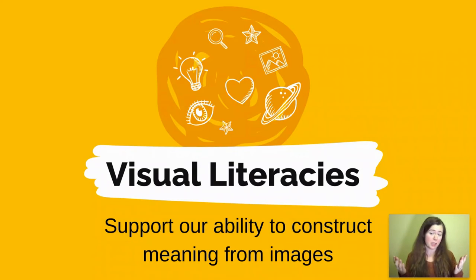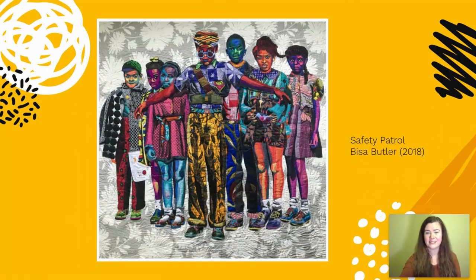What we're doing when we're talking about visual literacies is basically thinking about how to support our ability to construct meaning making from images. So let's give it a try. Here is Bisa Butler's iconic image, Safety Patrol. This piece of art is rich with meaning.